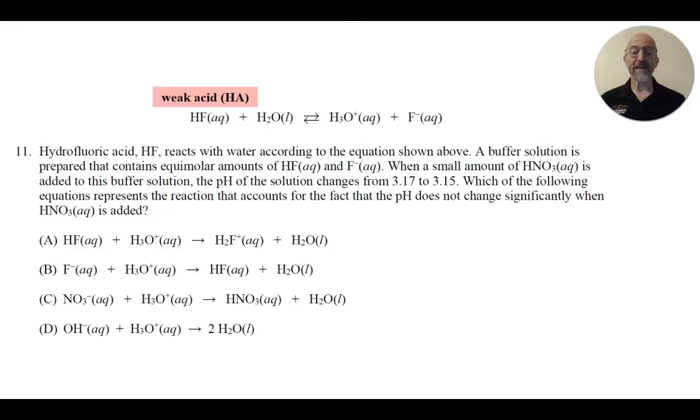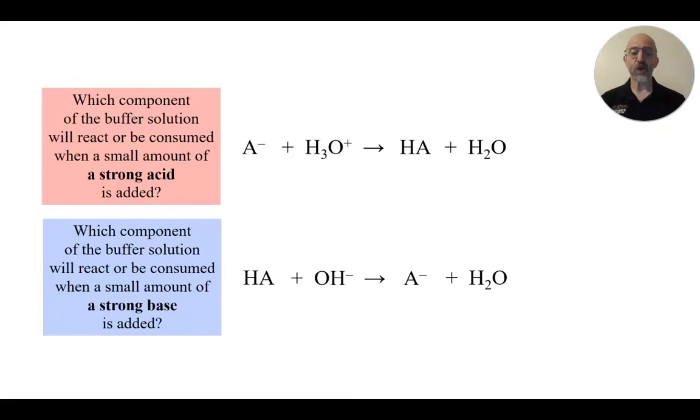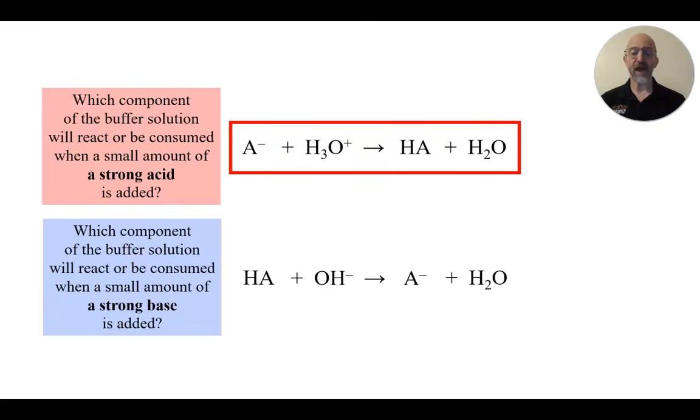So there's the weak acid, HA or HF. There's the conjugate base, F- or A-, and so we're adding a small amount of a strong acid. So it's going to be this equation, that the conjugate base, A-, reacts with the strong acid to produce the conjugate acid, HA.